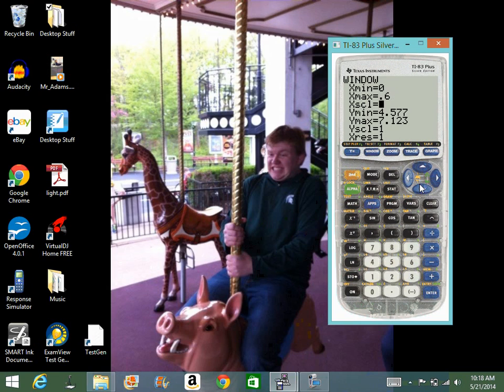What would be our minimum y value for the graph? Negative 12. And what would our max be? 0.